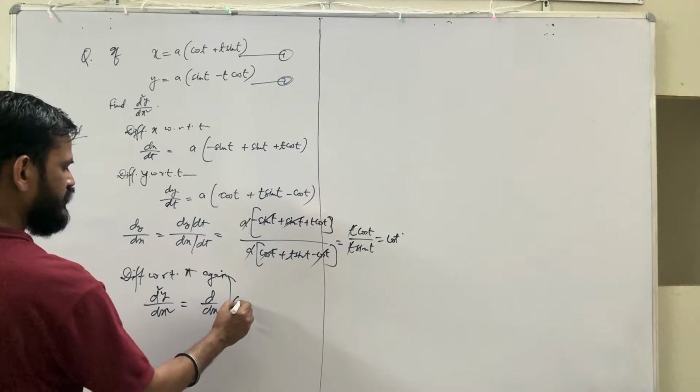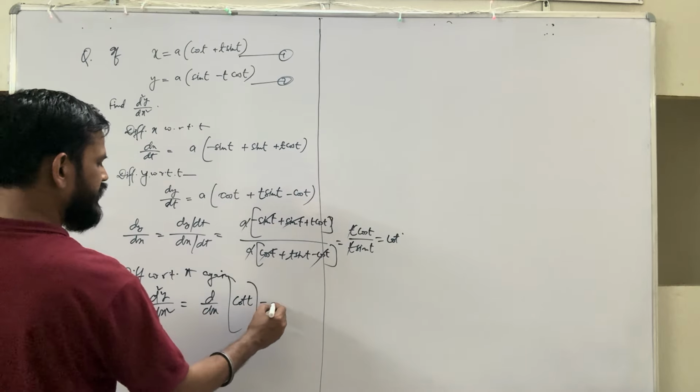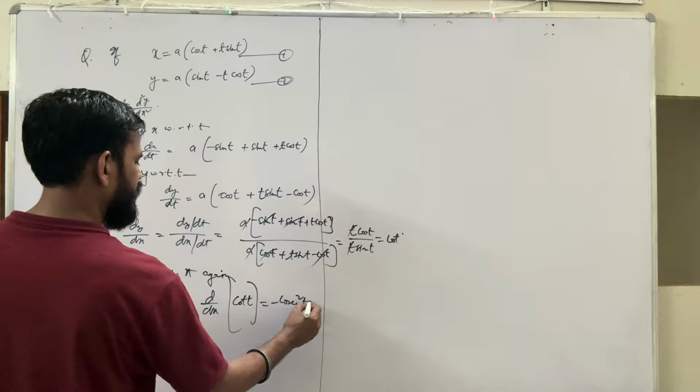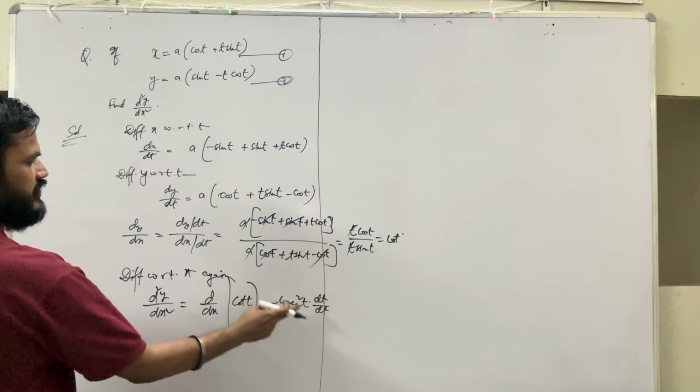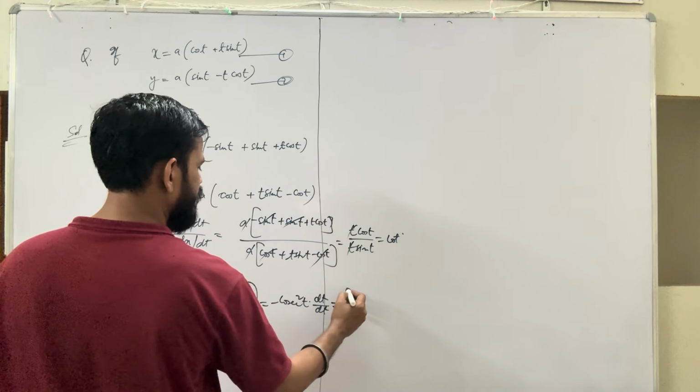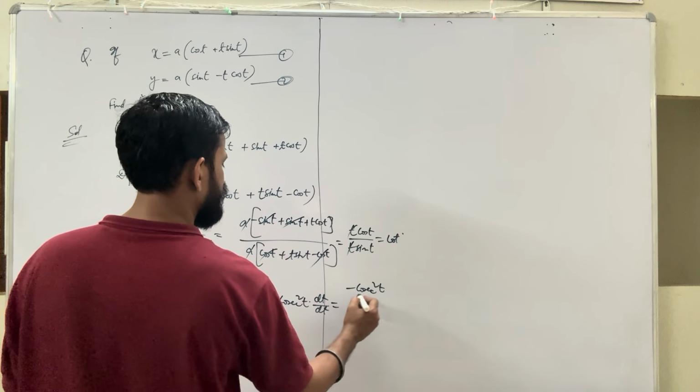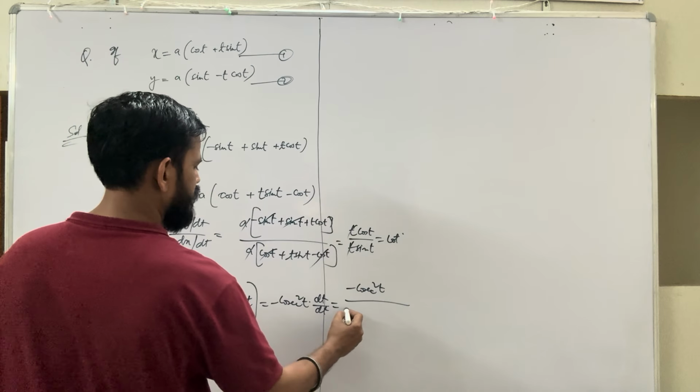So we need to differentiate cot t. Cot t will be minus cosec square t dt by dx. See, we already have dx by dt, so dt by dx will just be the inverse of it, so it will be minus cosec square t whole divided by this expression.